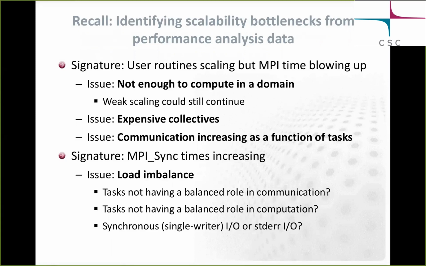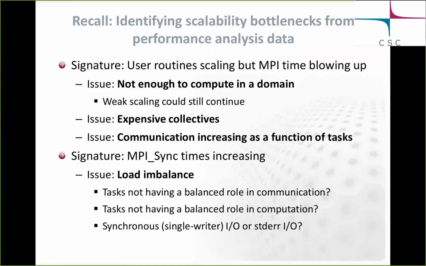So it can be that the MPI time is indeed increasing, because the communication is increasing as a function of tasks. The amount of messages is not constant, but increases with the number of tasks, and you run into a situation where most of the time in this code is spent communicating rather than computing.